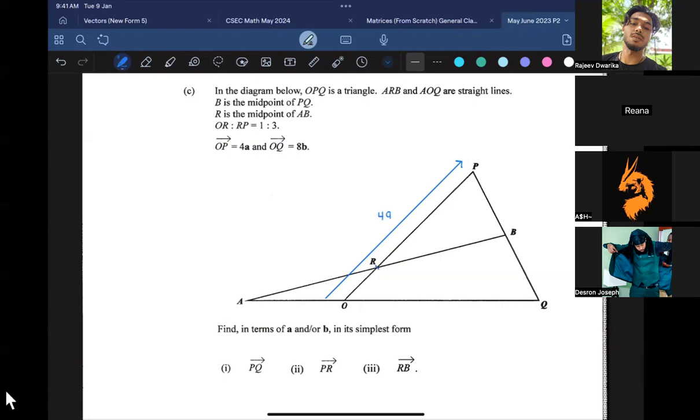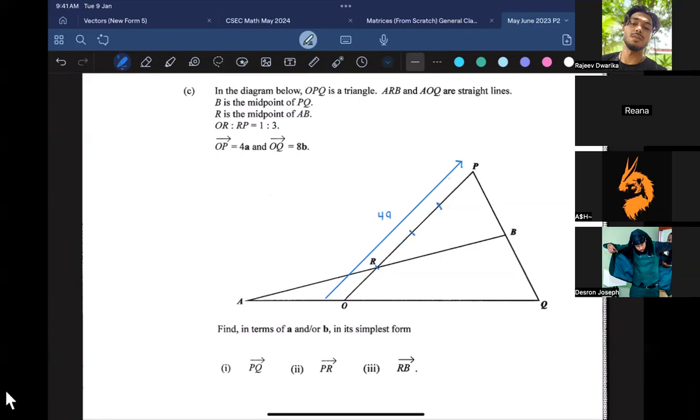So what it means is that to make up RP, you need 3 ORs. So this could be 1 OR again. This could be another OR, right? 1, 2. Right. So Sasha, let me know if you understand that.